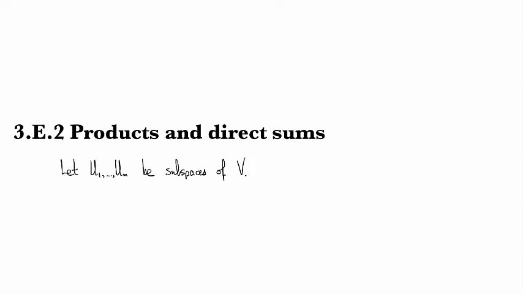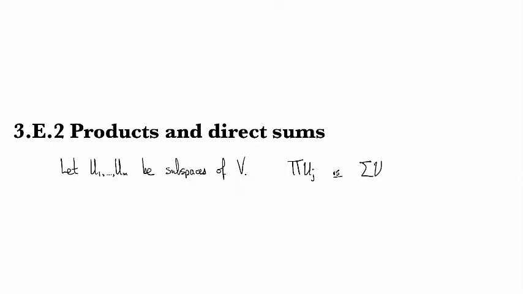All right, then we could actually do both constructions. We could look at the product of the UJs, or we could look at the sum of the UJs. And you might say, okay, so what's the difference between these two? They're kind of close, especially in many specific instances.